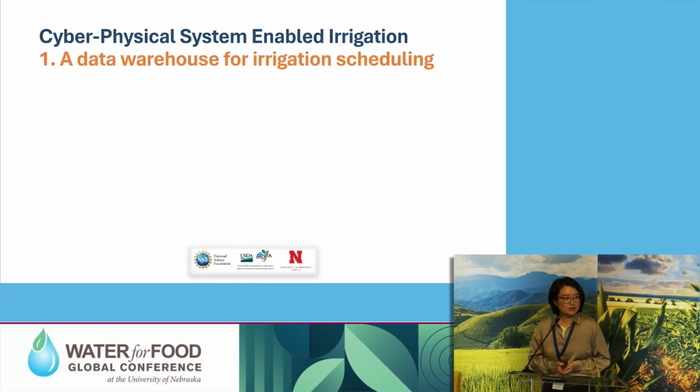One of the major motivations for this project idea was that we found there are limited data sets for researchers and industry folks to train data-driven irrigation models. So our first aim for this project was to establish a data warehouse for irrigation scheduling and modeling.